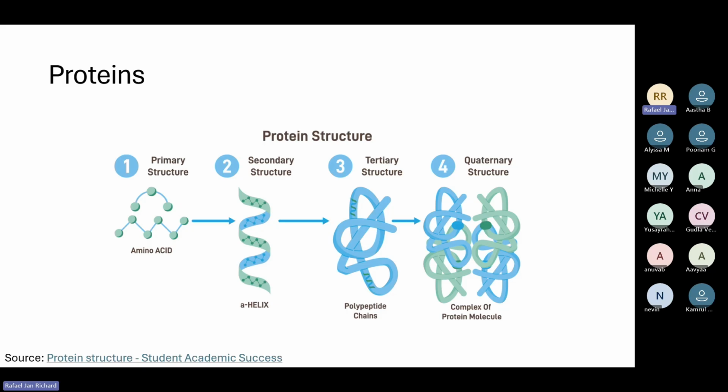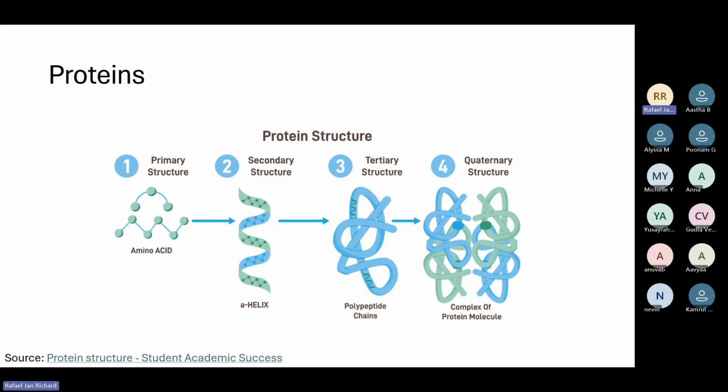So when there is transcription and translation, the DNA is being read, and then based on the code in the DNA, you can make proteins, so chains of amino acids. And the primary structure is just in which order these amino acids are put together.